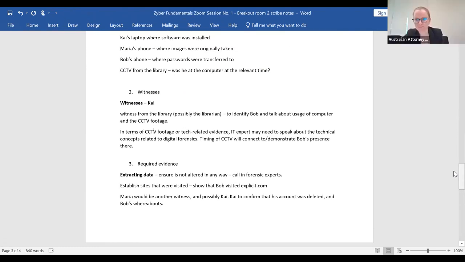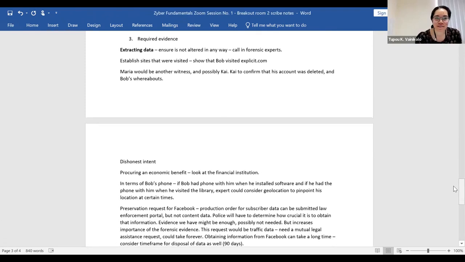I think so. In terms of required evidence, we had a discussion about extracting data.